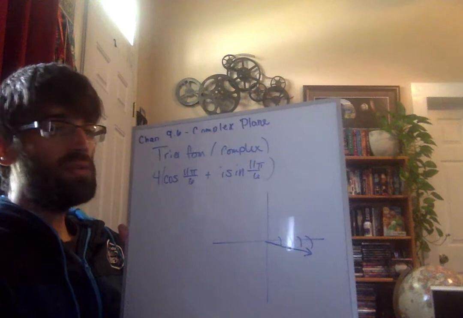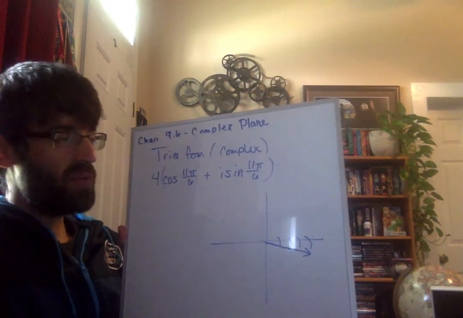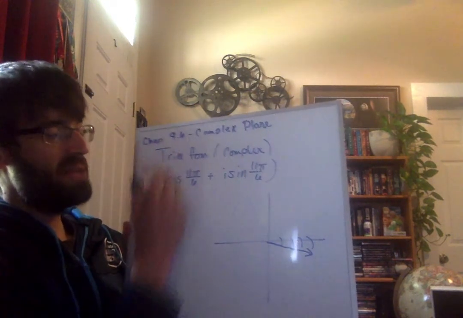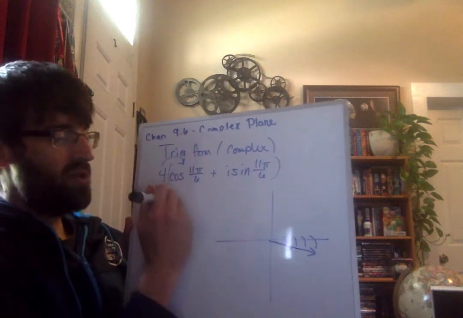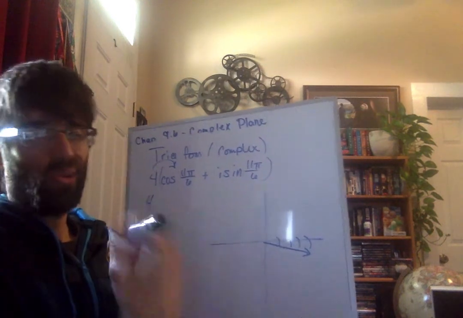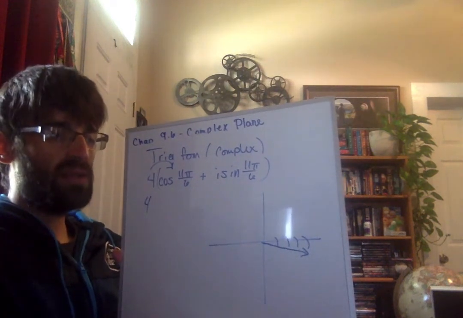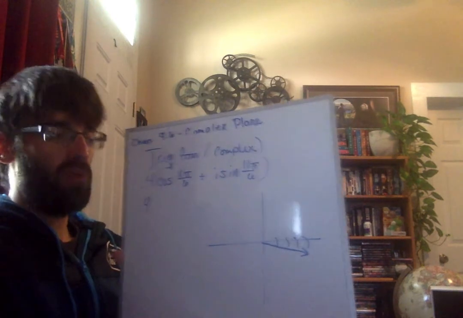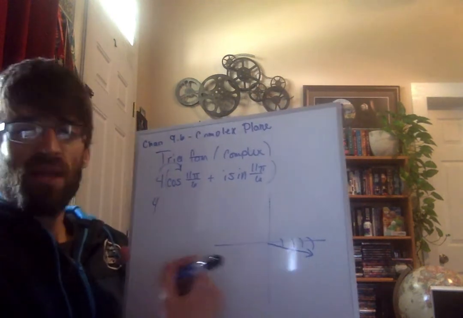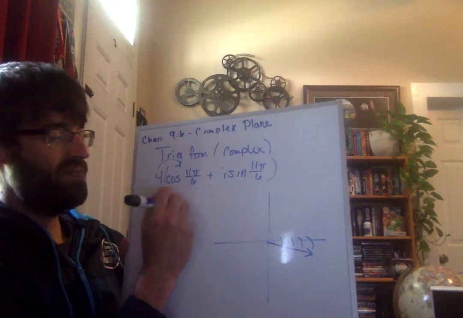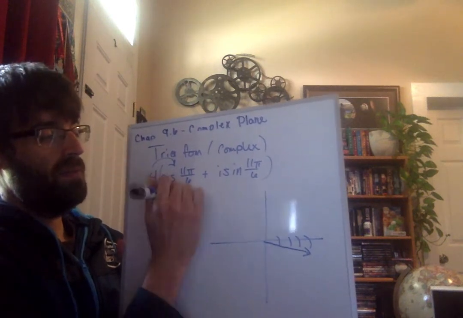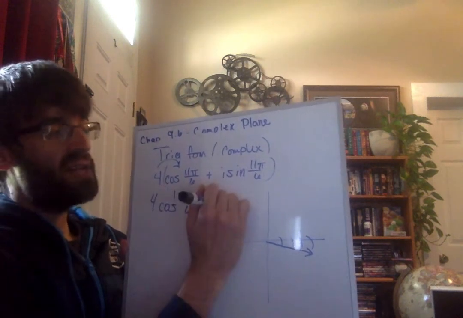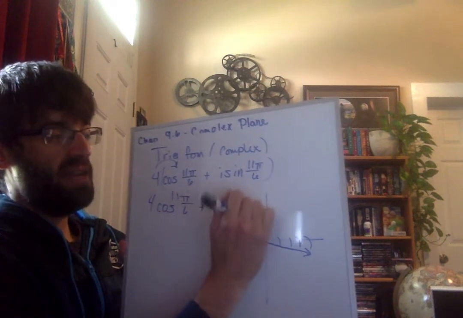Now, if I wanted to express it in rectangular coordinates, I would just basically distribute this. So going back to your polar coordinates, changing them from polar to rectangular, you're going to have r cosine of theta plus r I sine of theta.